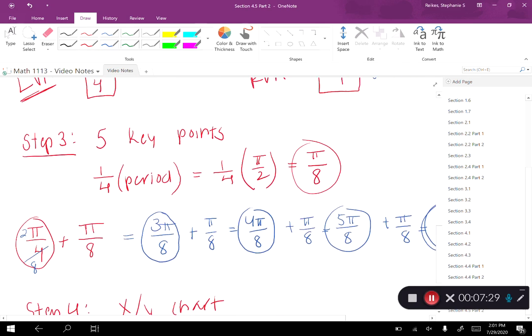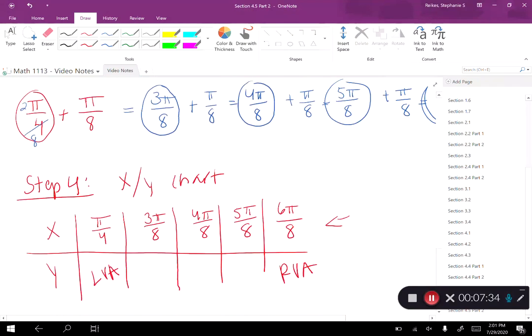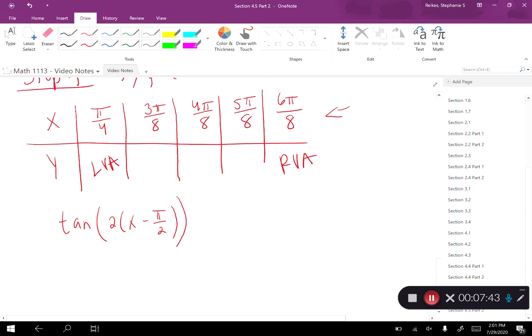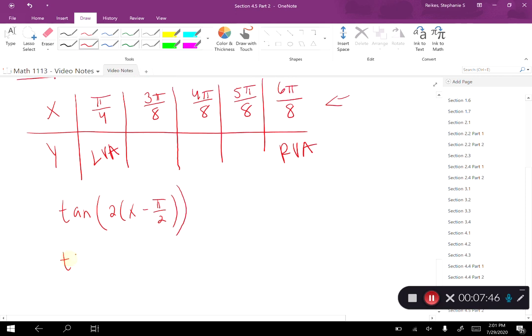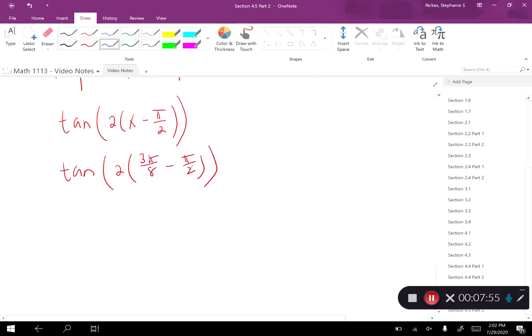So again, let me scroll up. My original function was tan of 2x minus pi over 2. So I need to plug in 3 pi over 8. So 3 pi over 8 minus pi over 2. Then I need a common denominator again. Common denominator 8. If I multiply the bottom by 4, I need to multiply the top by 4.